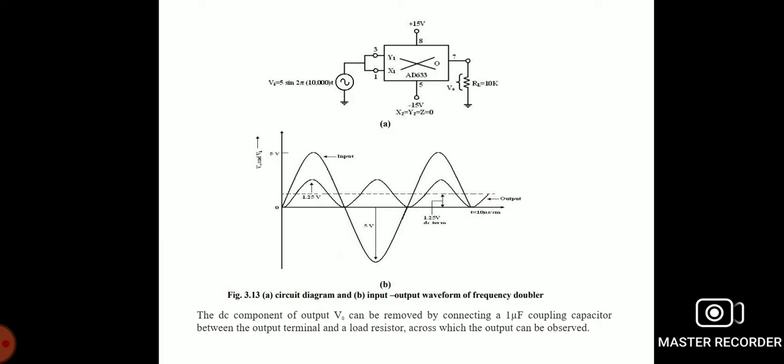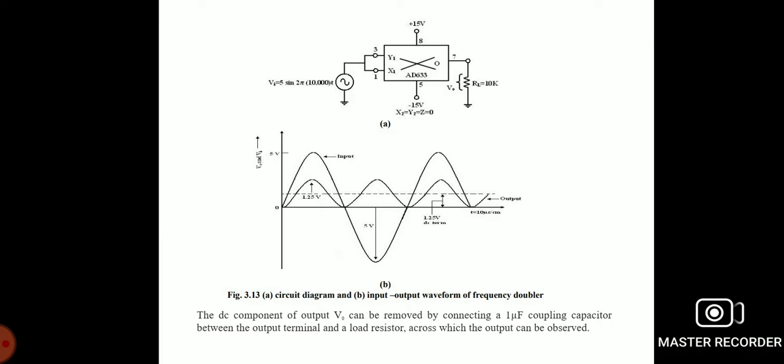The reference voltage is 15 volt, and the AD633 can be connected to a load resistance of 10 kilo ohm. So we have the initial sinusoidal wave and also the output sinusoidal wave, with the 1 microfarad coupling capacitance between the output terminal and the load resistance.